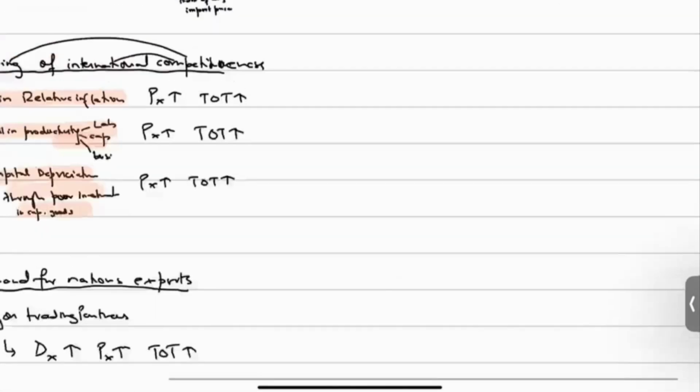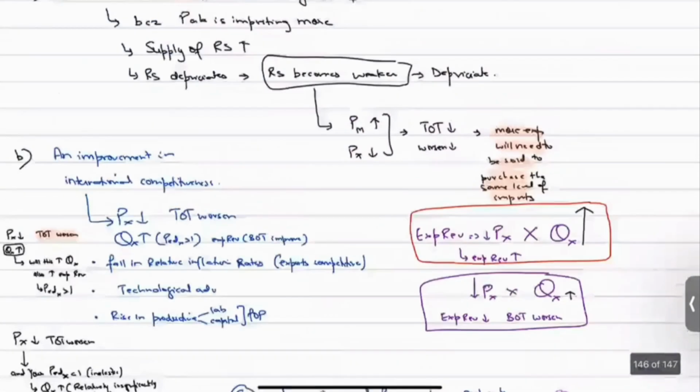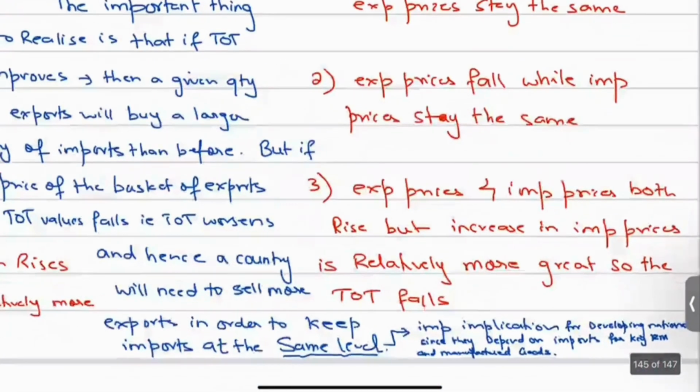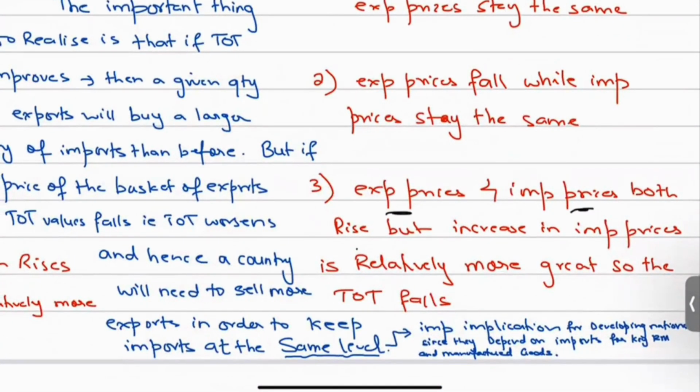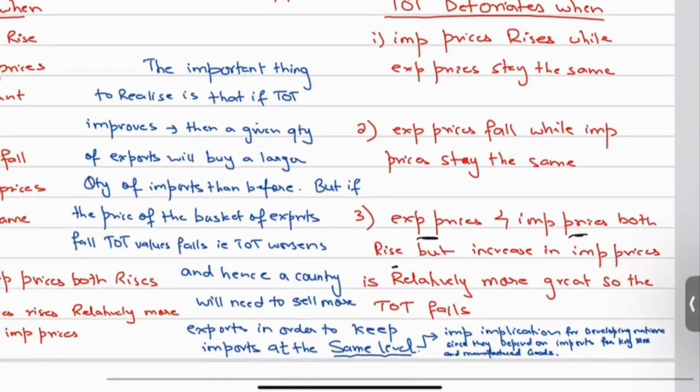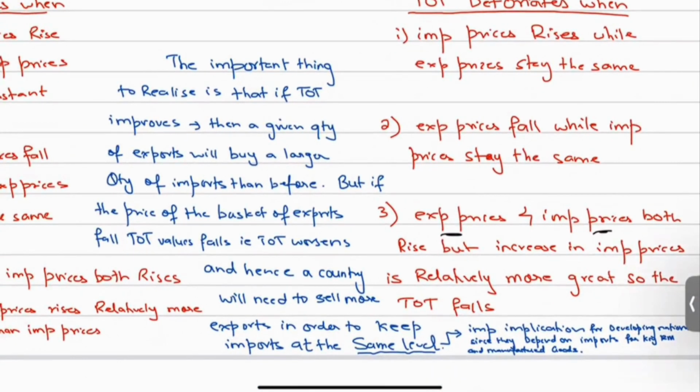ये तीन reasons हम पढ़ चुके हैं यहाँ पे कि why does the terms of trade worsen. It worsens because of these three reasons. Maybe your export and import prices both are falling. ये भी fall हो रहा है, ये भी fall हो रहा है, लेकिन export prices are falling by a relatively greater amount.